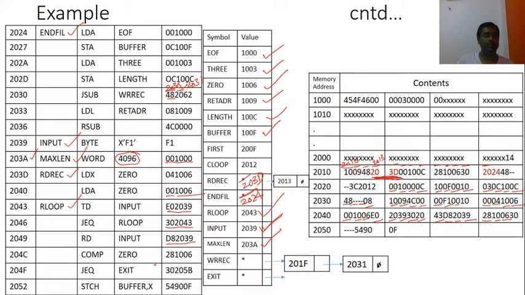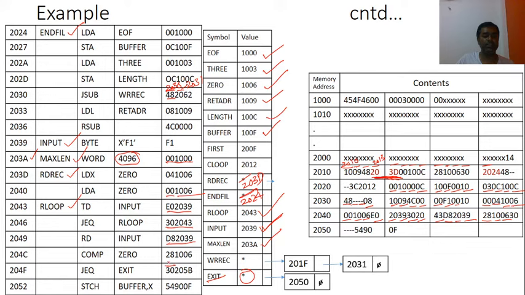281006. Then the next instruction is JEQ EXIT. Is EXIT defined earlier? No. So we have to insert EXIT, mark it as undefined, and maintain the list. Where it is required, you can see here. It starts from 204F.